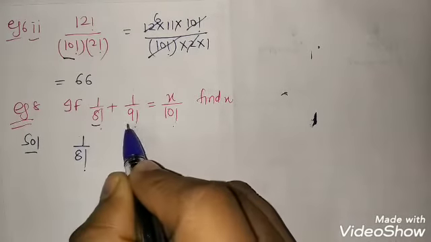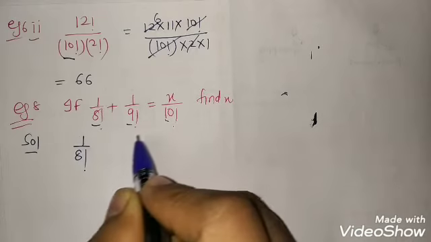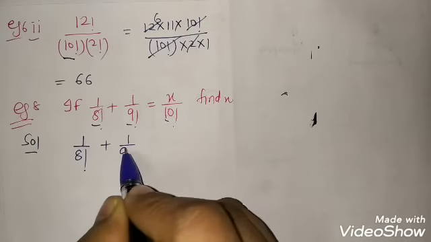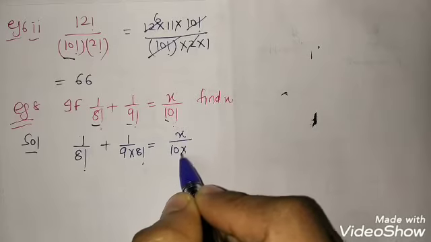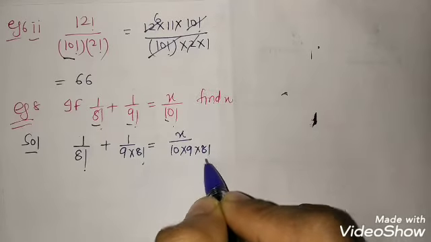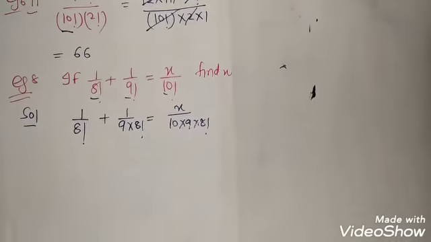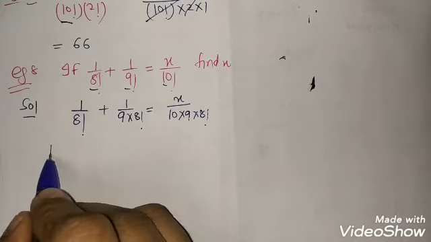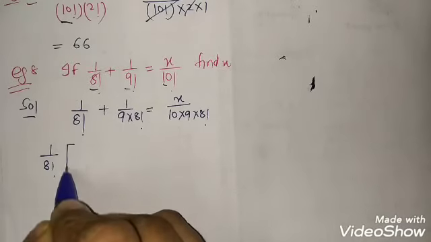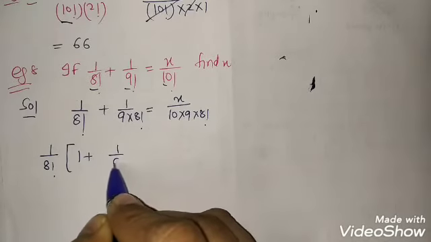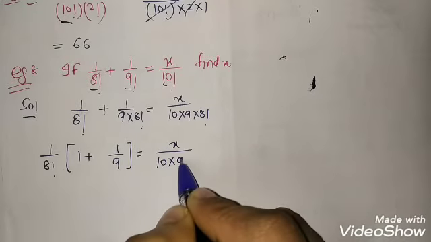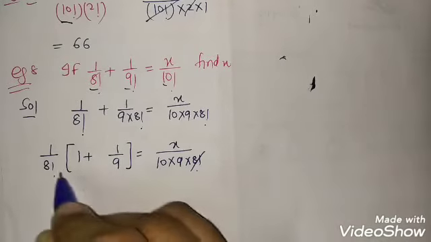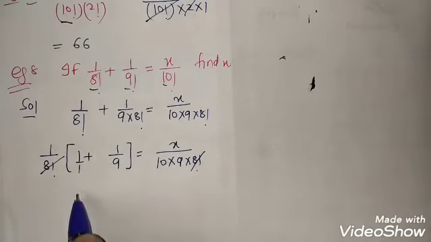The least number among these is 8. So I can write it as 9 into 8 factorial. I can write it as 10 into 9 into 8 factorial. Okay. Then I can take out common 1 upon 8 factorial from here. This is 1 plus 1 upon 9 is equal to x upon 10 into 9 into 8 factorial. This will be cancelled. So I am taking LCM over here.